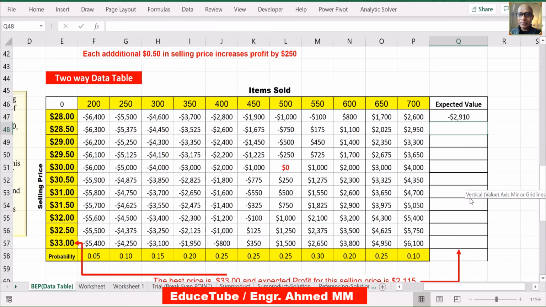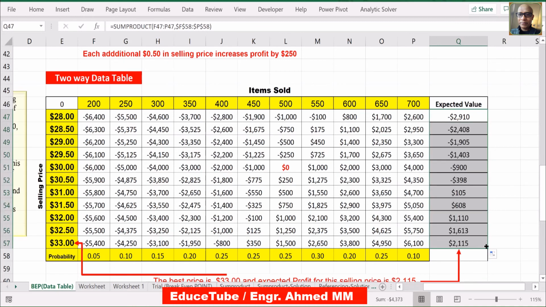Now I have to get all this, so just easy, click here and bring this here. Generated. So what are we finding?